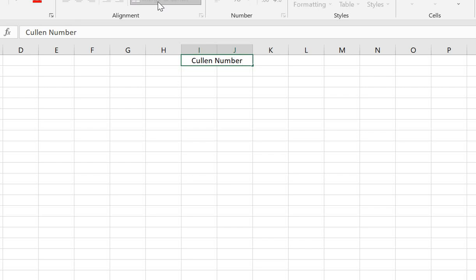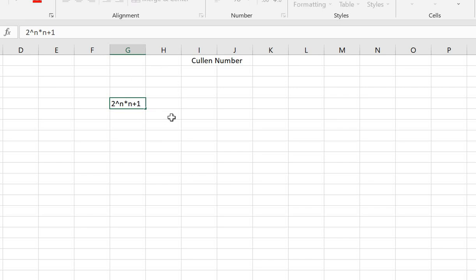Okay, so what is this Cullen number? A Cullen number is a number of the form, there's a formula actually, 2 raised to power n into n plus 1, where n is a positive integer.